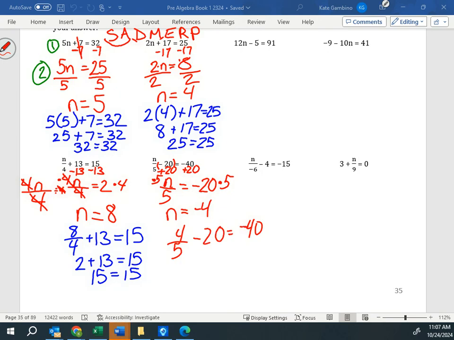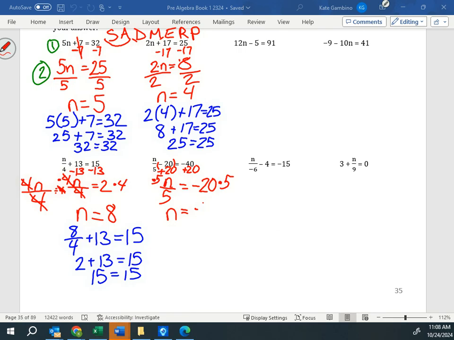Let's see, is negative 4/5 minus 20 negative 40? Uh-oh. That's when I catch that mistake and say, wait a minute, I got negative 4, I put that in here, but negative 4/5 minus 20 is not going to equal negative 40. I did something wrong. And that's when you can go back and say, oh, that's right, I was supposed to multiply, not divide. So we can catch those mistakes that way.